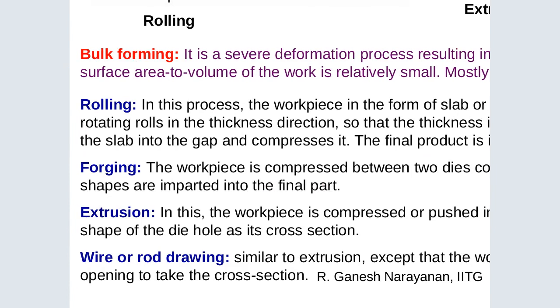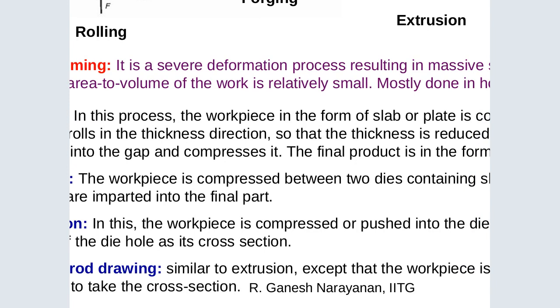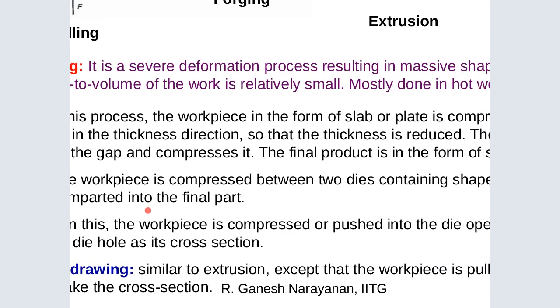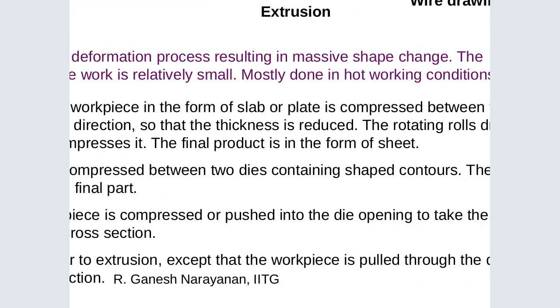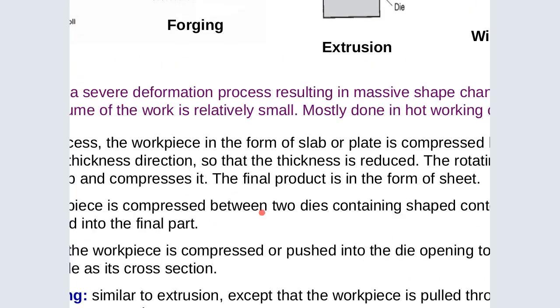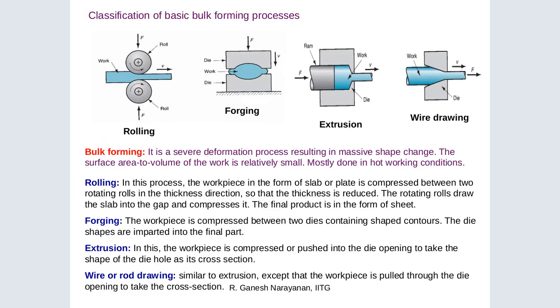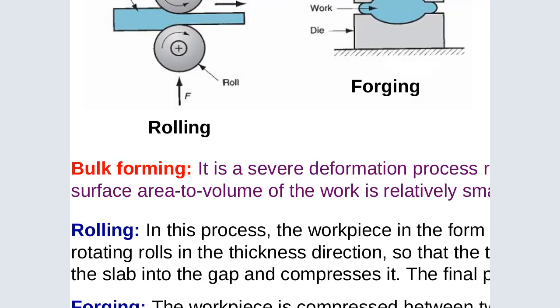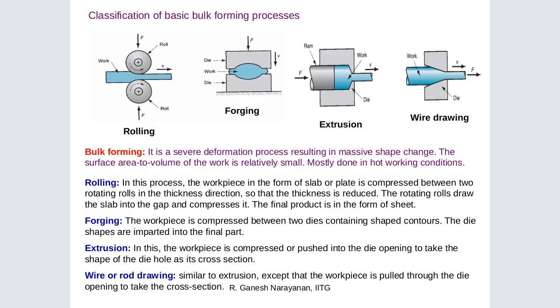Rolling is the process in which the workpiece, in the form of a slab or plate, is compressed between the rotating rolls in the thickness direction. You can see where it goes, and so the thickness is reduced.